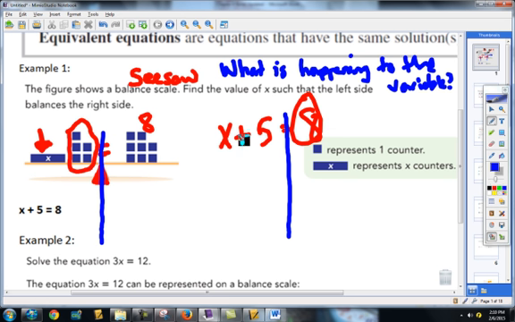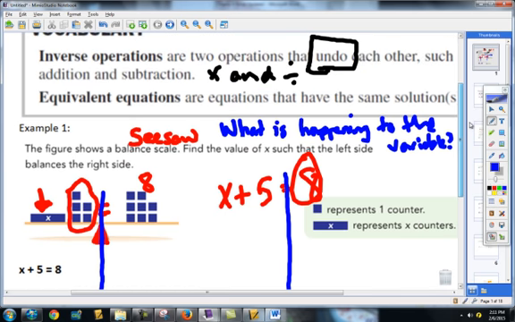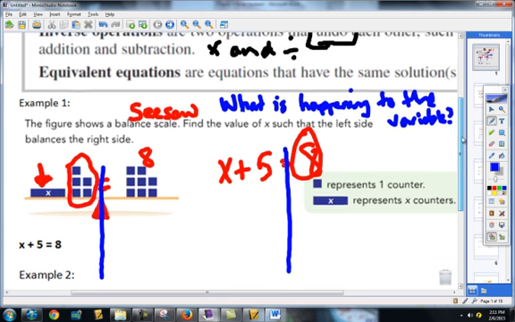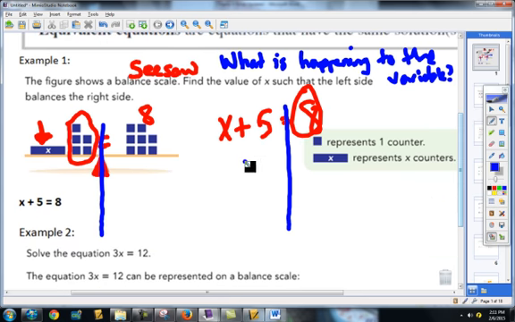When you ask that question, hopefully you'll answer it by saying, "Oh, if I'm adding 5 to the variable, then I need to undo adding 5." Now we can go up here and see inverse operations are two operations that undo each other. So if I add 5 to this, that means I'm going to subtract 5.